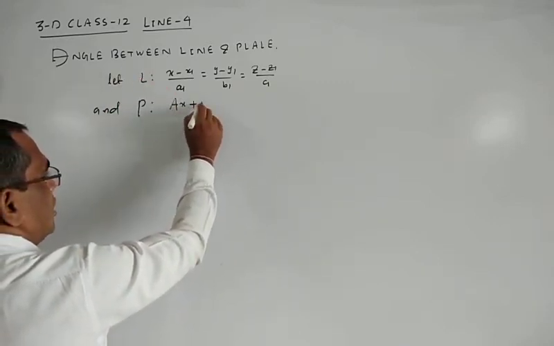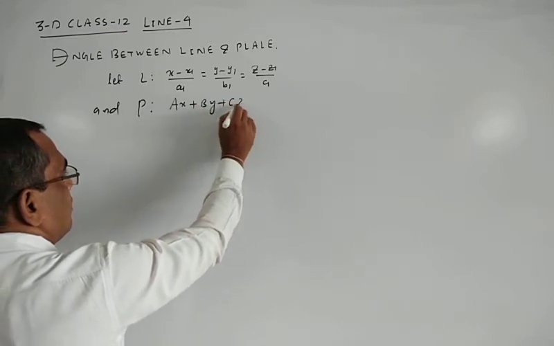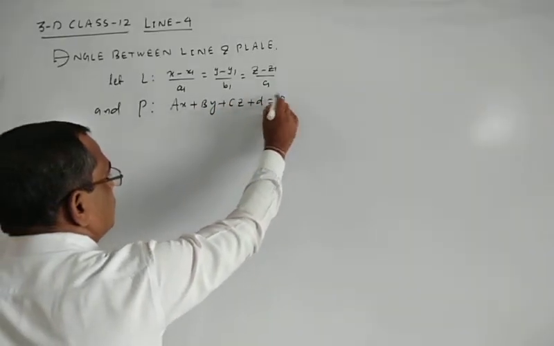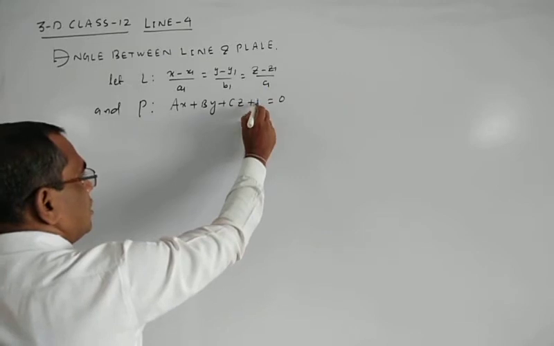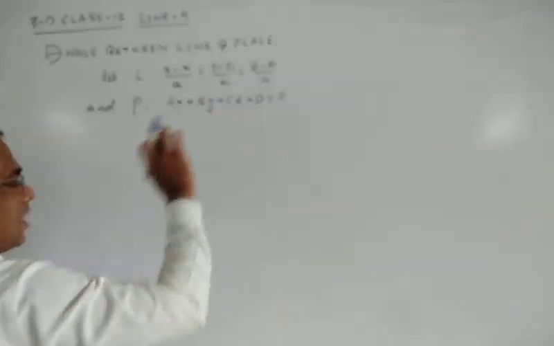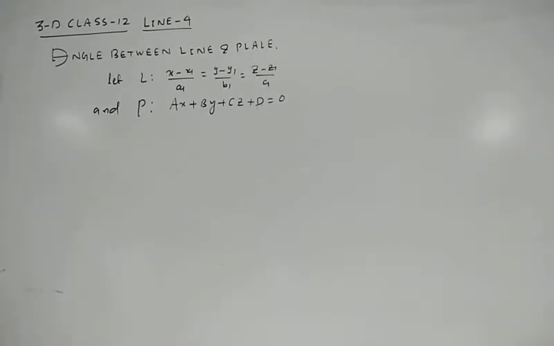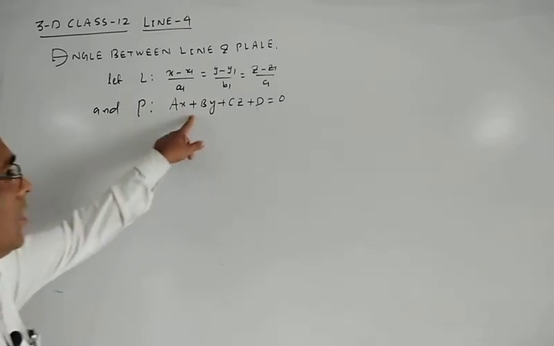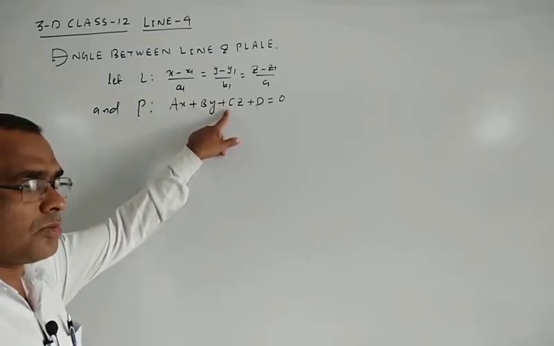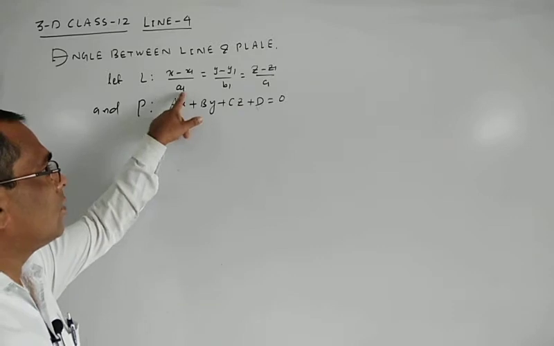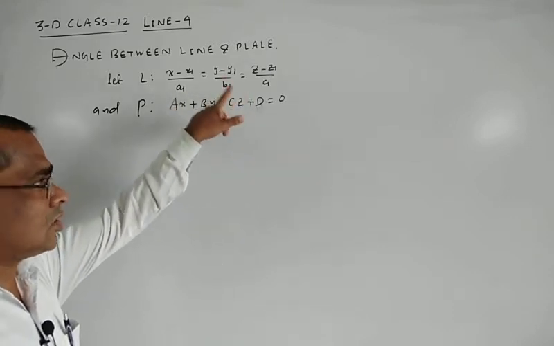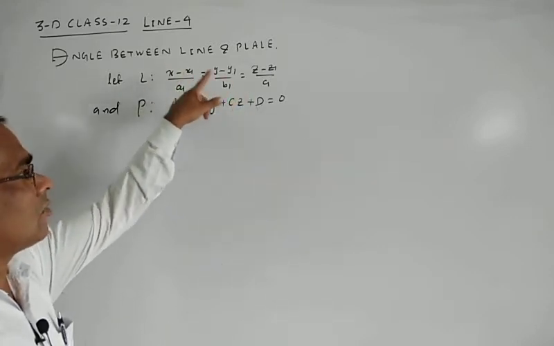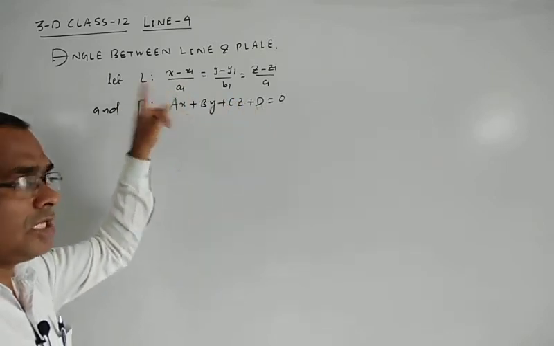Its equation is capital A x plus capital B y plus capital C z plus capital D equal to 0, because we write in capital A, B, C. So clearly A, B, C represent the direction ratios of the normal to the plane, a1, b1, c1 is the direction ratio of the line, and x1, y1, z1 is the point on the line.